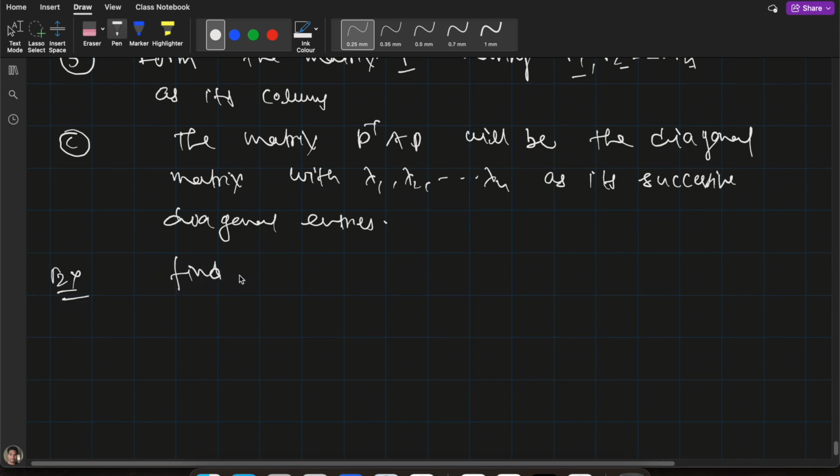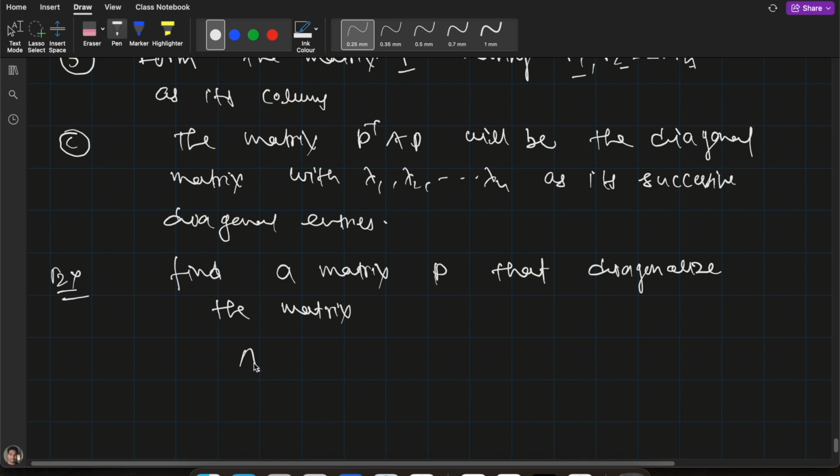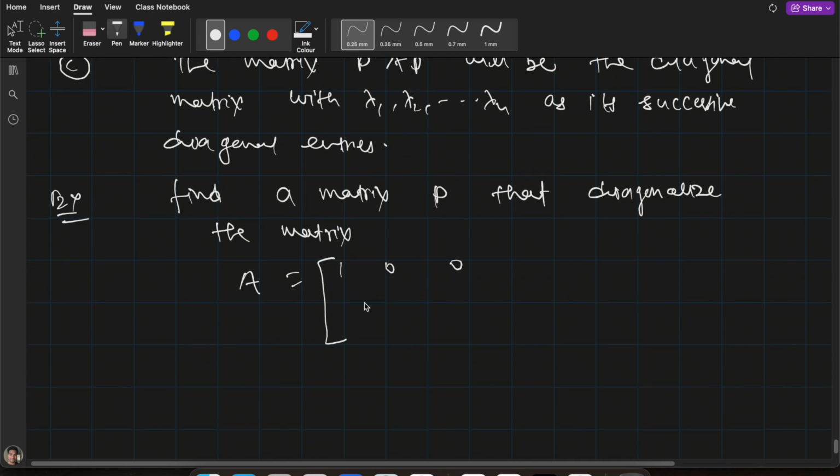Find a matrix P that diagonalizes the matrix A, with rows 1 0 0, 1 2 0, -3 5 and 2.